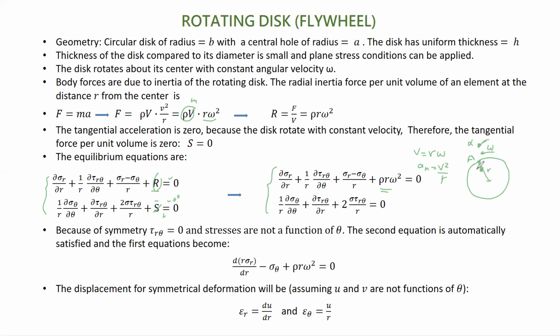And because it is a symmetric problem, nothing should be a function of theta. So in this expression, everything which is given as a function of theta, we can ignore. And simply we end up with the case that, first of all, tau r theta equals 0 because of symmetry, so that doesn't exist.